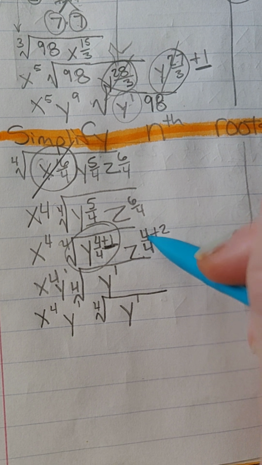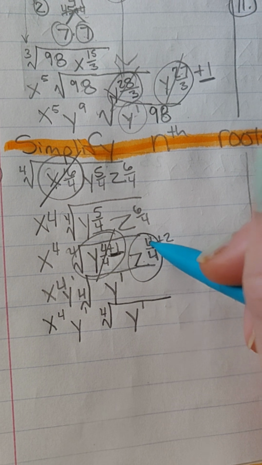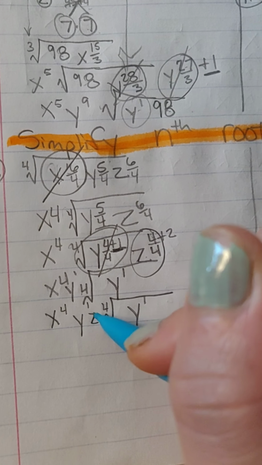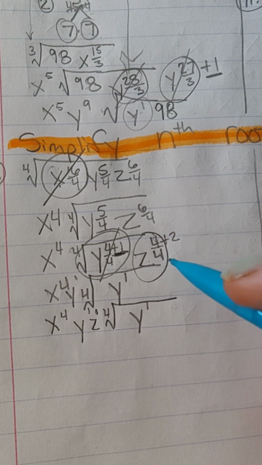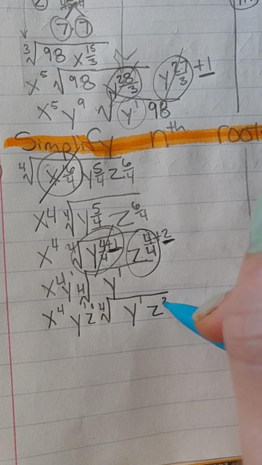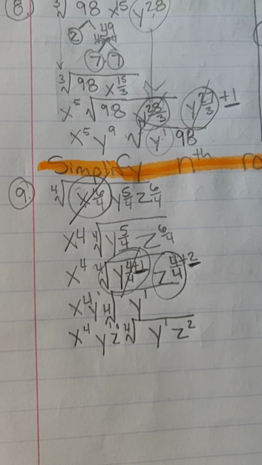And then this is the same, that part's done, as just z. 4 divided by 4 is 1. So I'm going to put z out here, z to the 1st power. And how many am I left with? 2. So I'm going to put z to the 2nd power. There's my final answer. That was number 9.